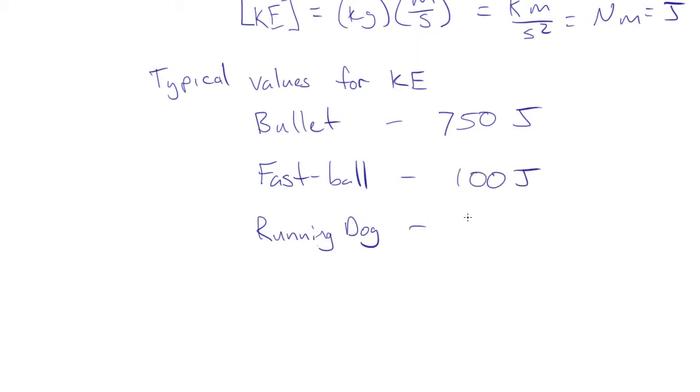And a running dog, say 30 kilograms moving at about 5 meters per second, gives something like 375 joules. So the bullet, even though it's really light, wins because speed matters more. We're squaring the speed, so you get double impact from the speed. The light object has more kinetic energy in this example.